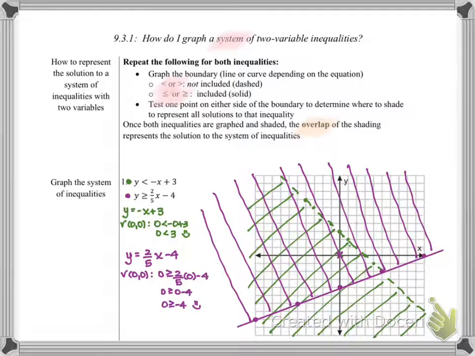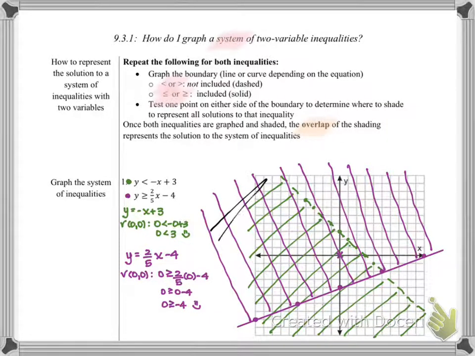Now, I know it doesn't look like much, but the solution's actually in there. The solution is where the shading overlaps between the two. There's a couple of things that you could do here. You can go through, find where the overlap in shading is, and darken it in if you'd like.